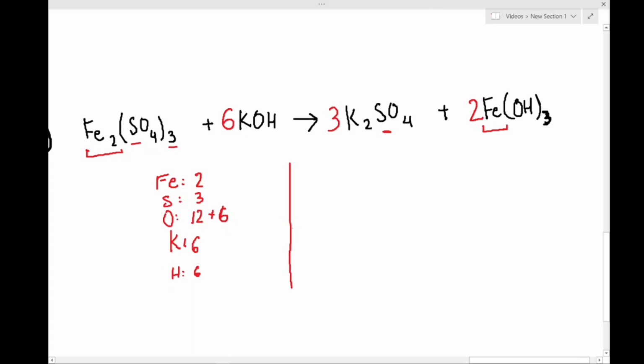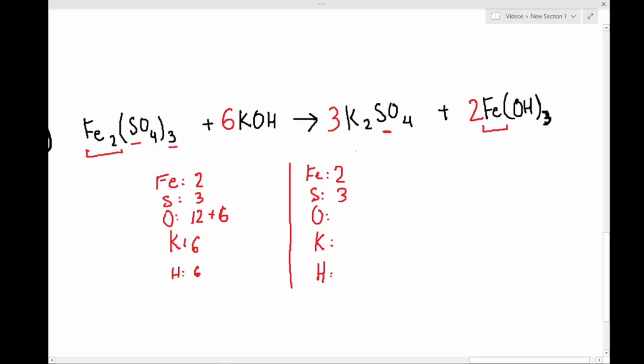And if we come to the right-hand side, same order, Fe, S, O, K, and H. So we have 2 irons, we have 3 sulfurs. Let me just make that a little clearer. 3 sulfurs.